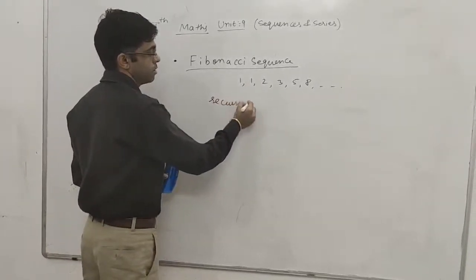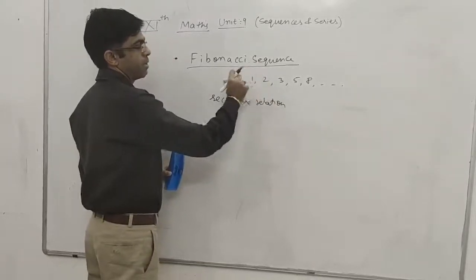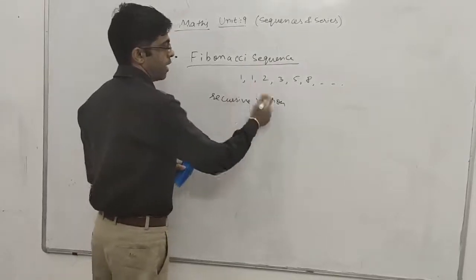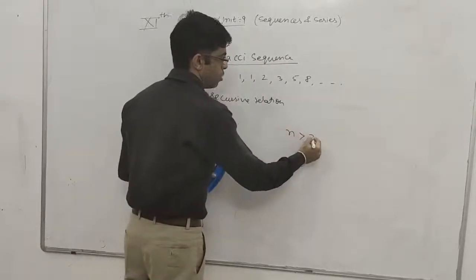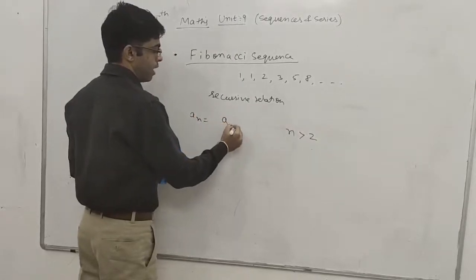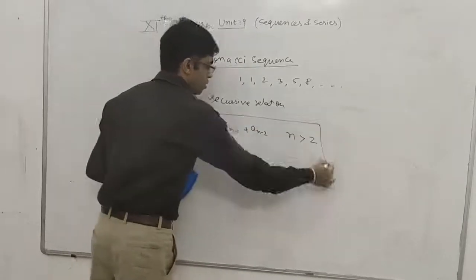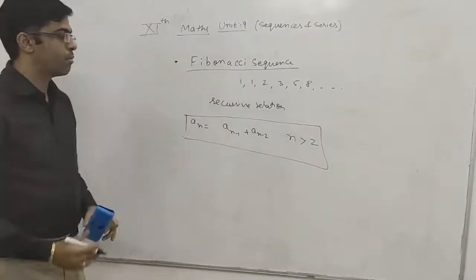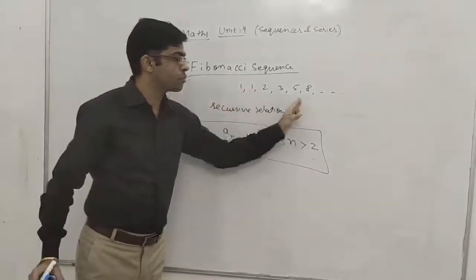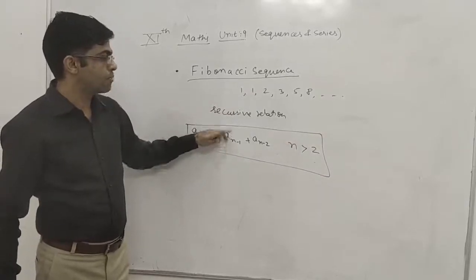Recursive means the result of the next term is found using the previous terms. So for n greater than 2, the sequence we can find as a n minus 1 plus a n minus 2. This is the general term formula, and using it we can list the sequence.